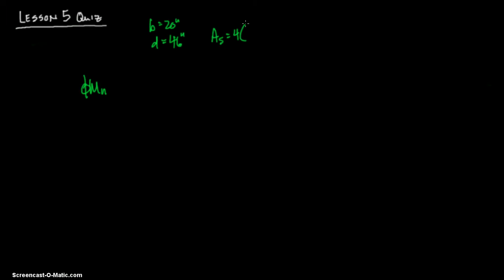I probably should figure out what they're going to give you for resources. And then they have 4 number 8s. A number 8 has 0.79 inches squared, page 87. So 4 times 0.79 equals 3.16 inches squared, your area of steel.